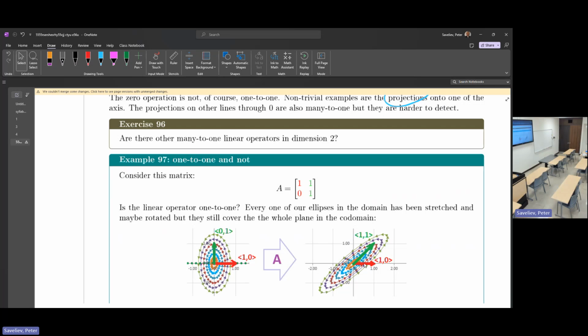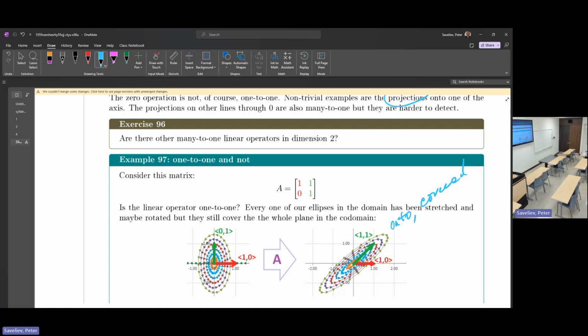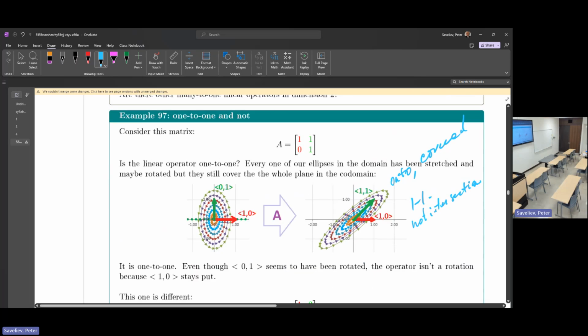It's actually more about onto, that they cover the whole thing, but nonetheless, if the ellipses did not intersect on the left, they do not intersect on the right, and that's one-to-one. So no intersection. Okay, so from experimentation, you can tell what it is.